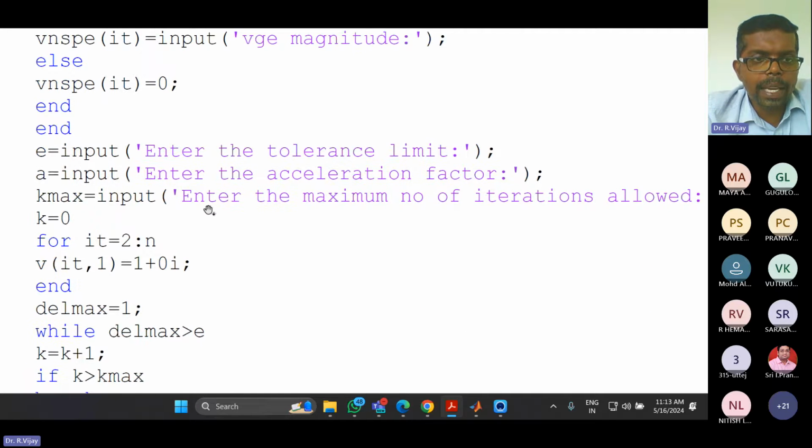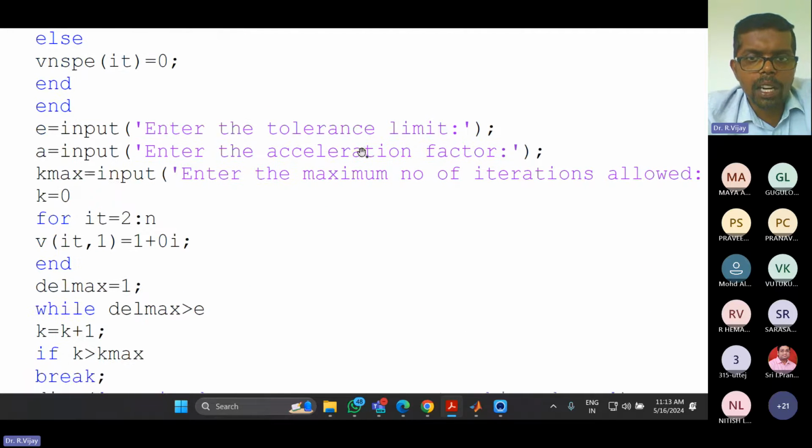Again, I'm taking the tolerance limit. The acceleration factor we have mentioned in the problem as 1.6. Here the tolerance limit we have taken as 0.0001. You can take your own value, and you can even take it as 1, but the thing is that the program will not end.